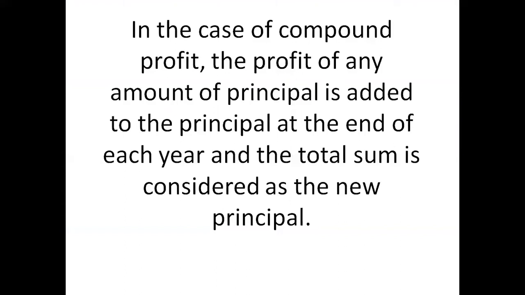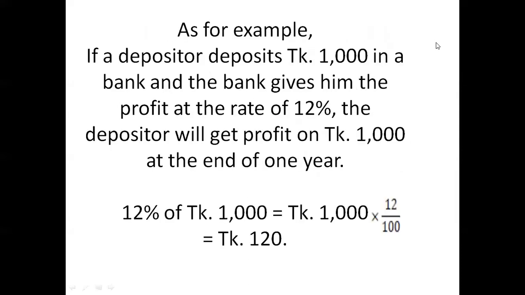I am repeating again that the profit of any amount of principal is added to the principal at the end of each year, and the total sum is considered as the new principal. We can explain it with an example.